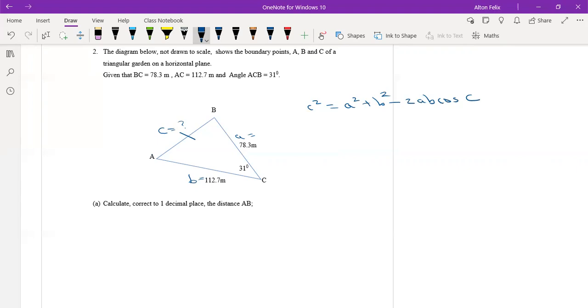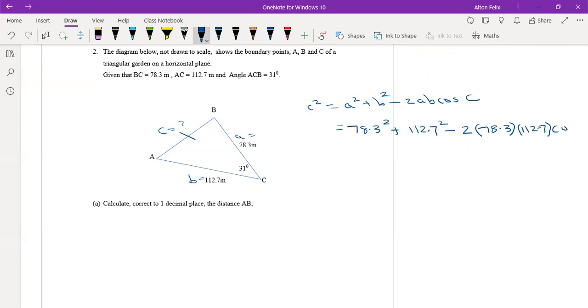So let's do this. A is 78.3, so it's 78.3 square plus b square is 112.7 square minus 2 times A, 78.3 by B, which is the 112.7.